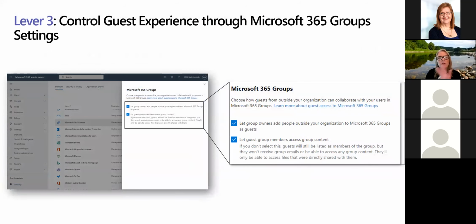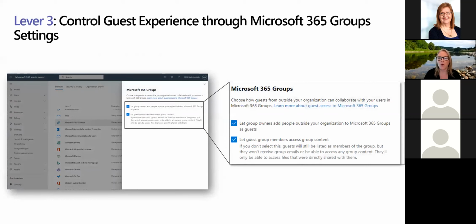All right, so the third lever is controlling guest experience through the Microsoft 365 group settings. This is located in the Microsoft 365 Admin Center. It is in the organization settings, and there are only two check marks, but it's important to note they do different things. If you don't have these checked, SharePoint, or the files tab in Teams, will be completely turned off.